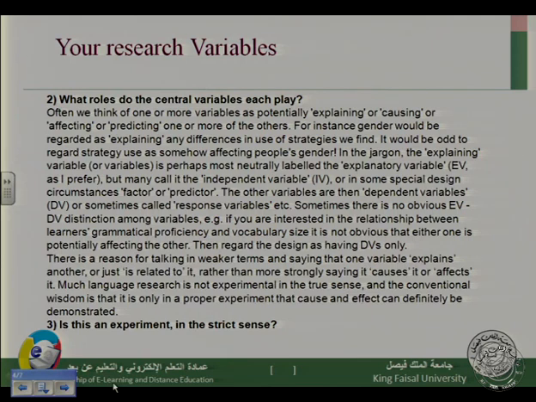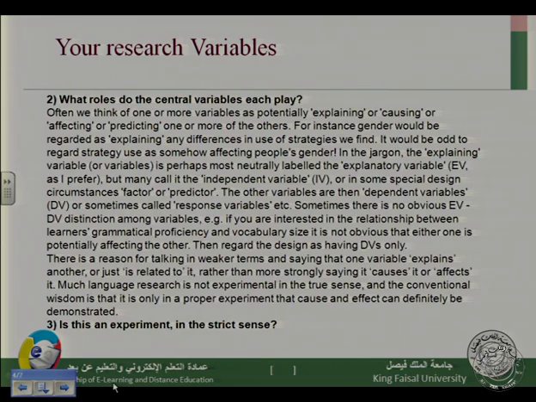In the jargon, the explaining variable is perhaps most neutrally labeled the explanatory variable, EV, as I prefer, but many call it the independent variable. As I said, you can call it IV, independent or explaining variable, or in some special design circumstances, factor or predictor.